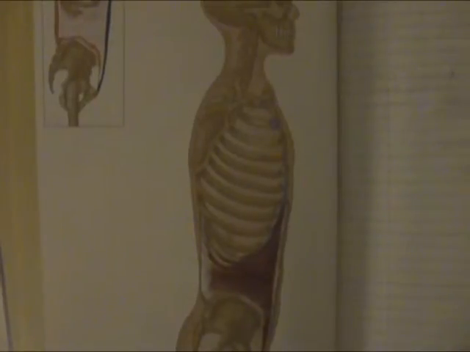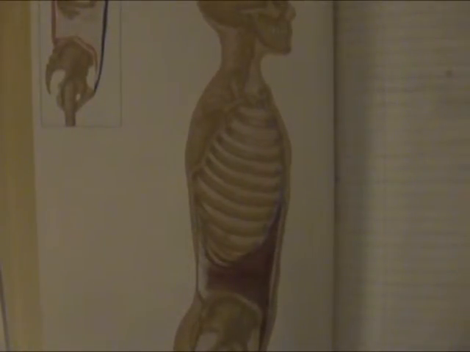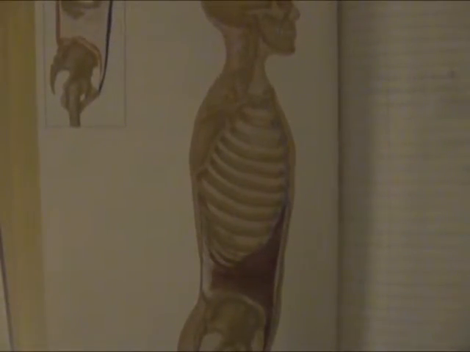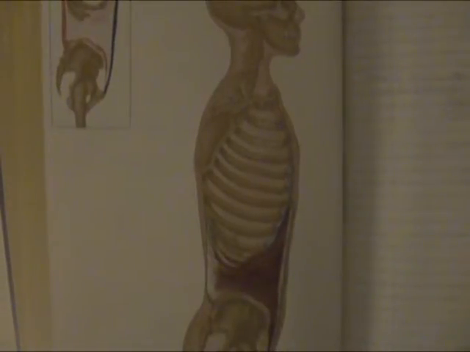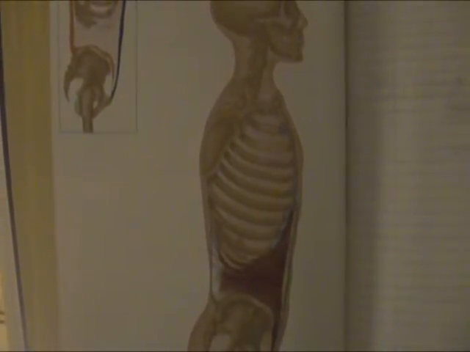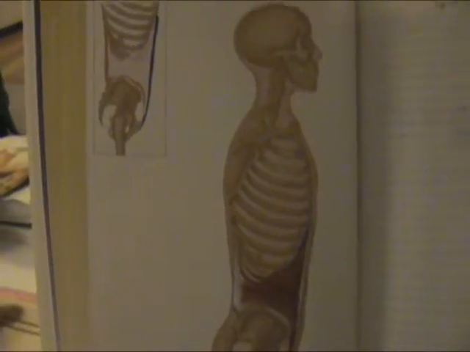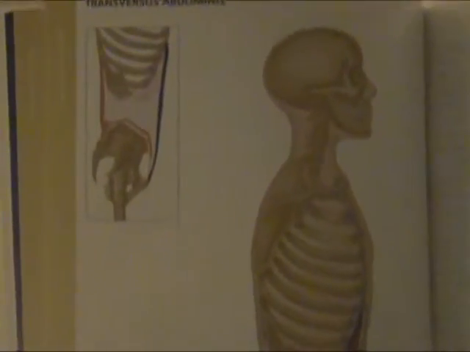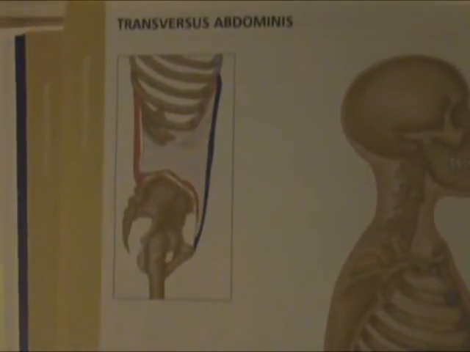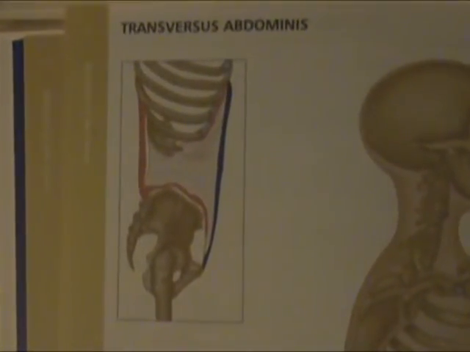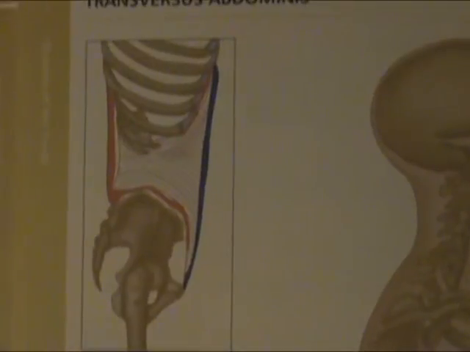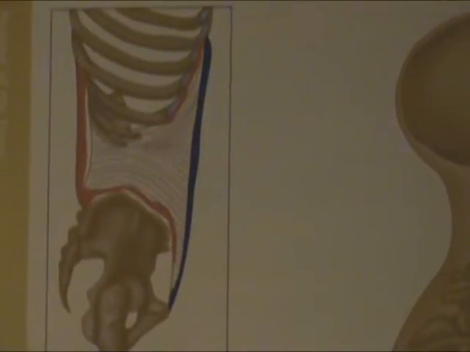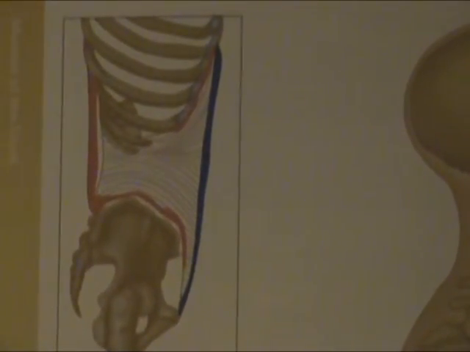We are now at muscle number 43 of the muscle chart, the transversus abdominis. That is also pinned on the cadaver, number 18. The origin of the transversus abdominis is the iliac crest, the lumbar fascia, and the last 6 ribs.